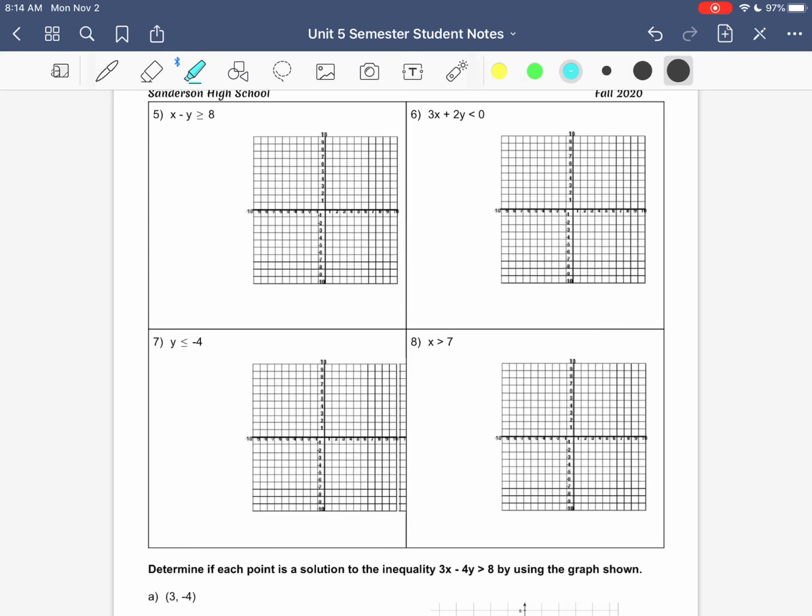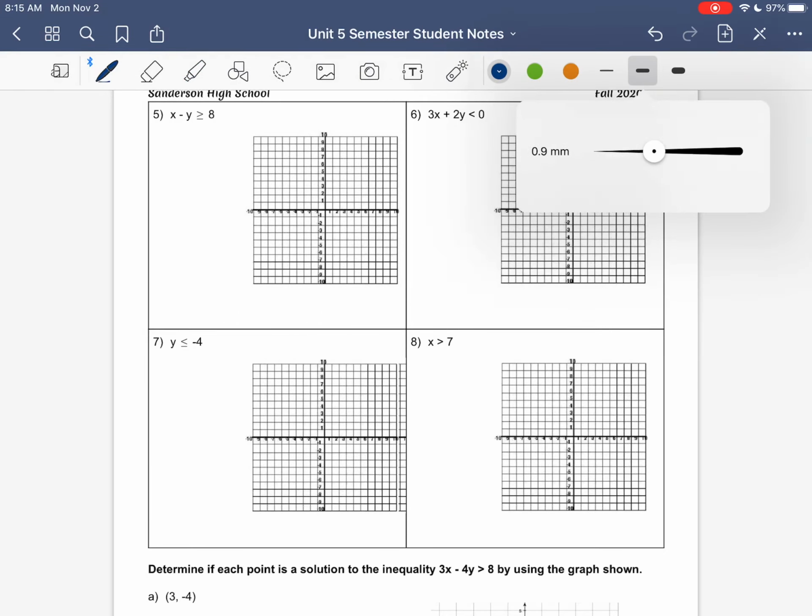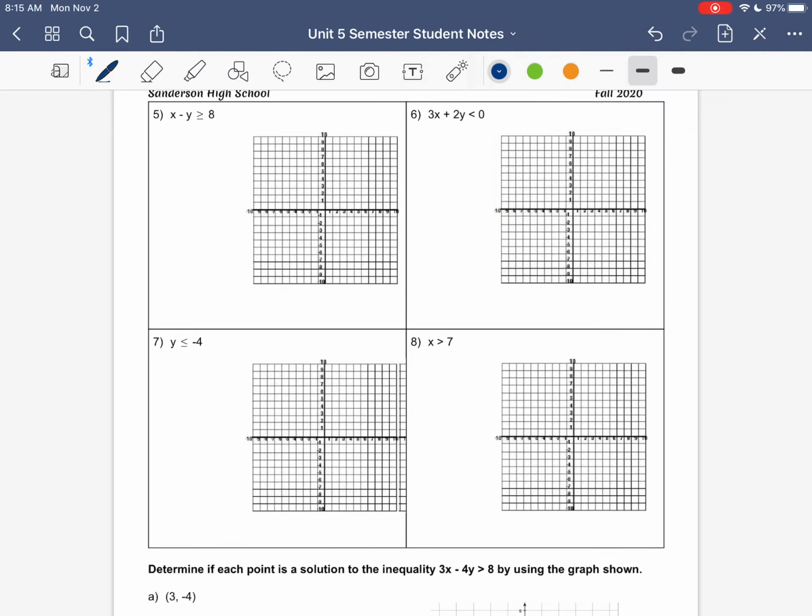In number 5, when we get y by itself, we would subtract the x on both sides. That would give us negative y is greater than or equal to negative x plus 8. And then divide everything by a negative 1 to get rid of that negative y. So that would be y, I have to flip my inequality sign, is now less than or equal to negative x, which is the same as negative 1x.